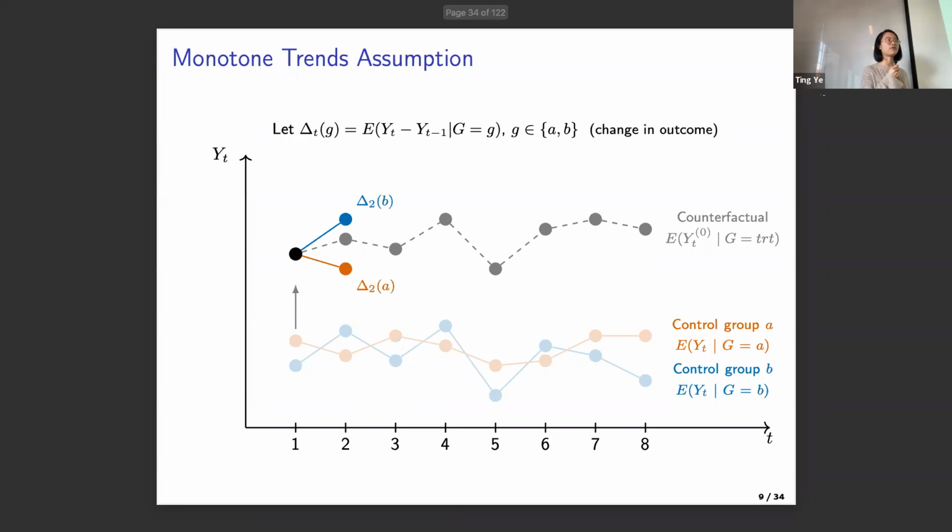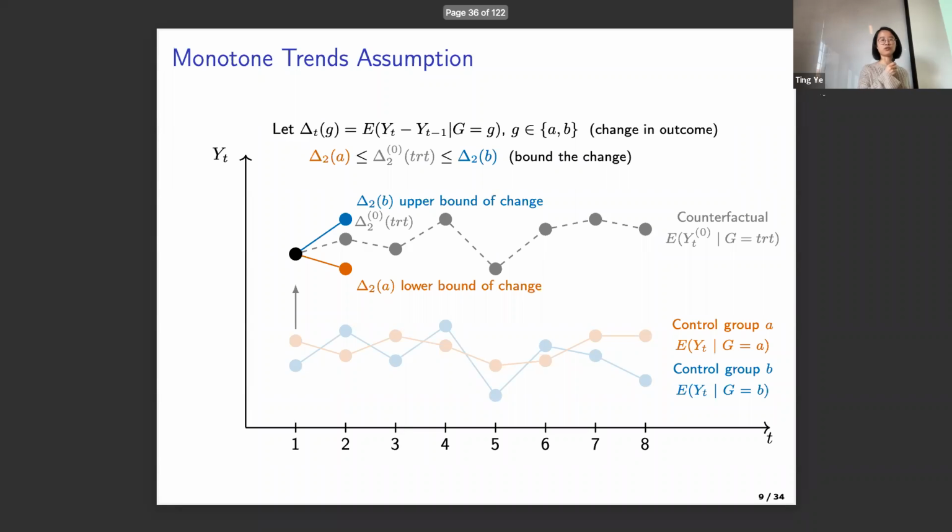And similarly, we have this delta 2a for the change in outcome for control group A. And we also have this notation for the potential change in outcome for the treated group in the absence of the treatment, denoted by delta 2 superscript 0 treated. The superscript 0 denotes that this is a counterfactual quantity.